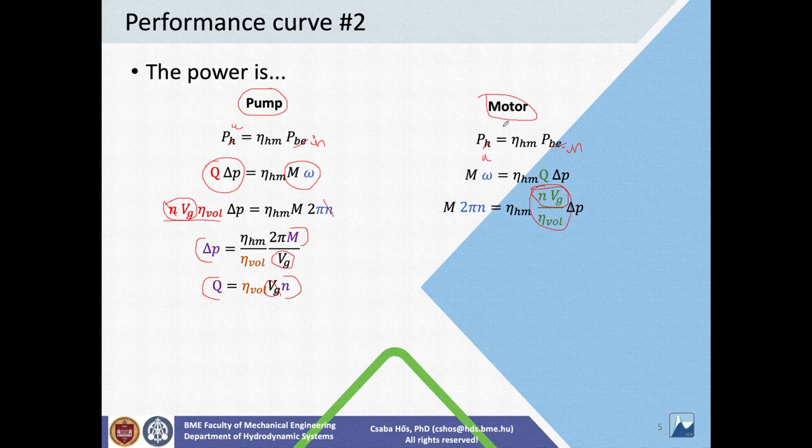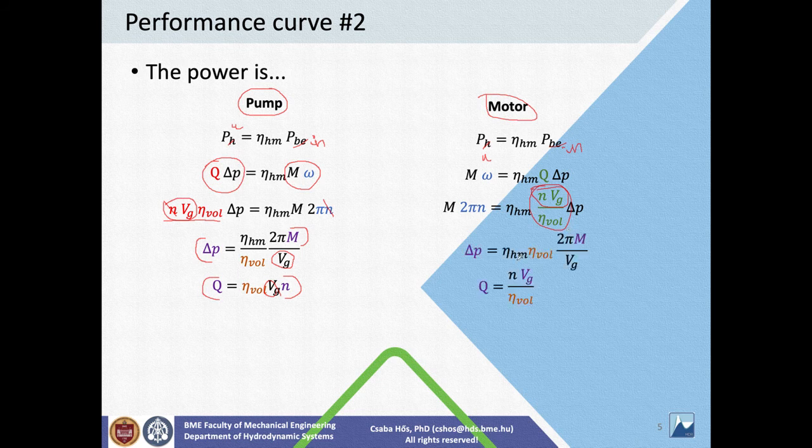Again, because of the leakages, the output, the revolution number, will be smaller than expected. So what do you do in order to reach 3000 RPM? You have to increase the flow rate beyond 30 liters per minute. So if you have a motor, then the true flow rate requirement, the flow rate needed to reach a certain revolution number, is higher than what you would have expected based on theory. Okay, so that's why we divide by the volumetric efficiency.